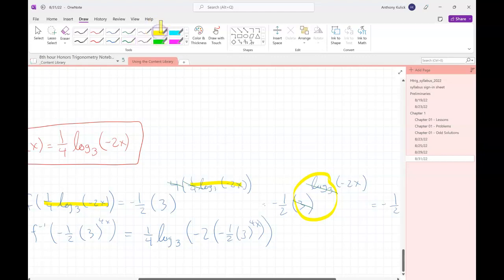Everybody's okay here. Again, this is what I'm plugging into F inverse. So let's see, -2 and -1/2 cancel each other out. Log base 3 and exponent base 3 cancel each other out.